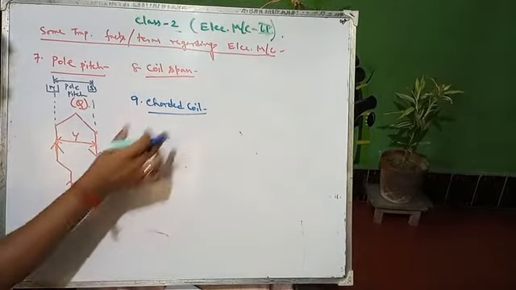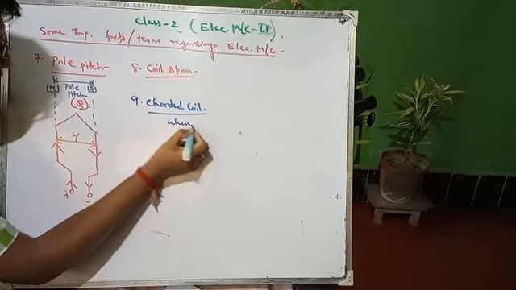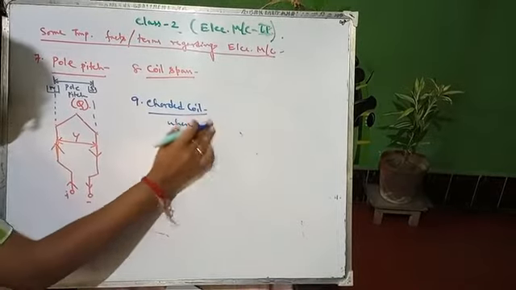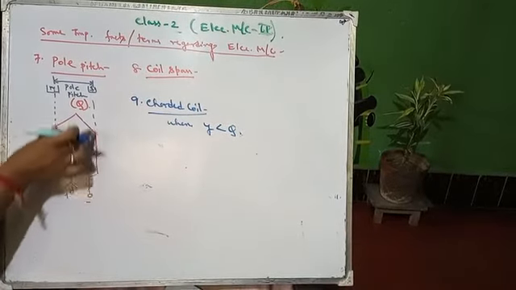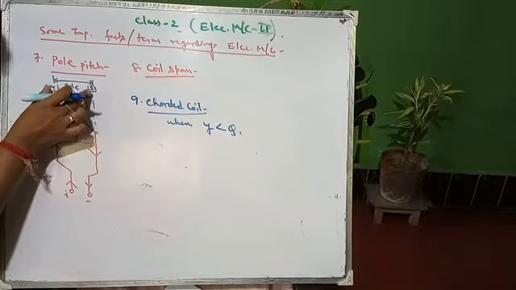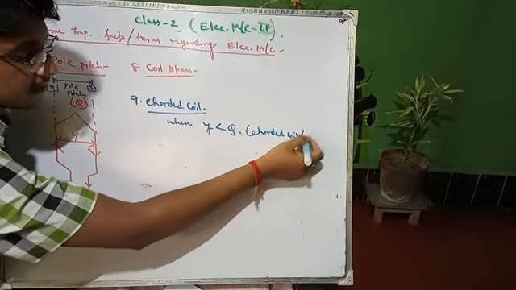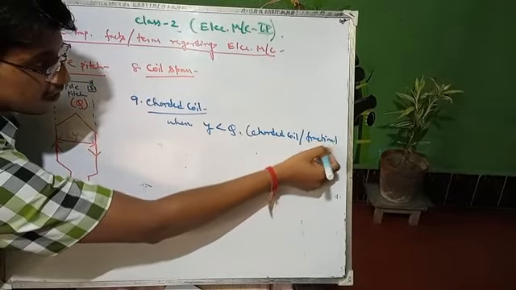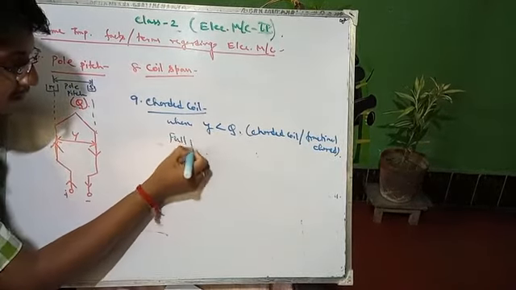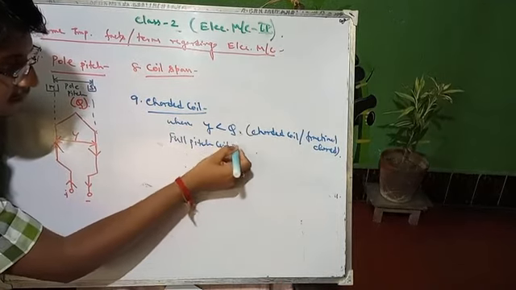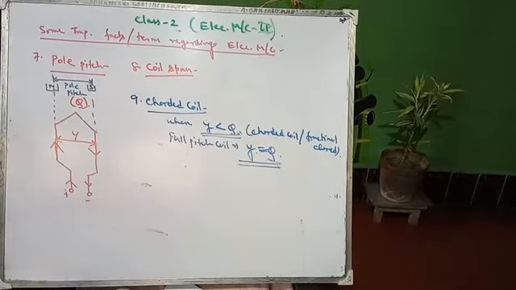A chorded coil means y is less than Q, that is, the distance between the two sides of a coil is less than the distance between two adjacent poles. It is also called fractional pitch or fractional chorded. A full pitch coil means y equals Q, and y less than Q is a chorded coil.